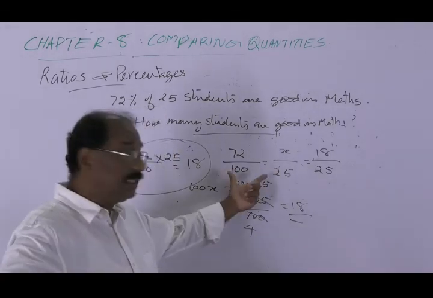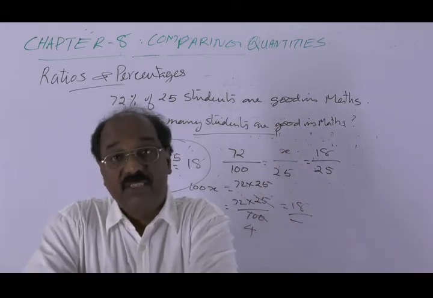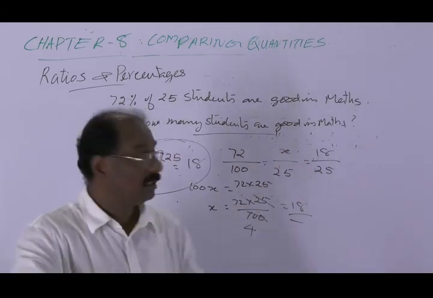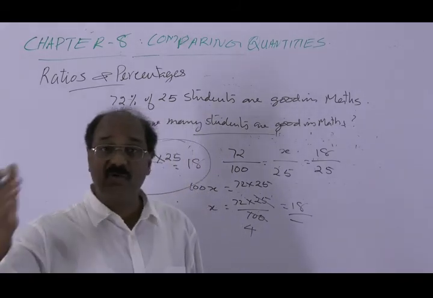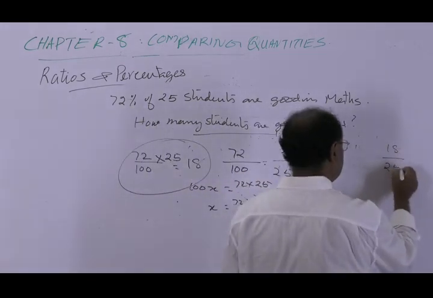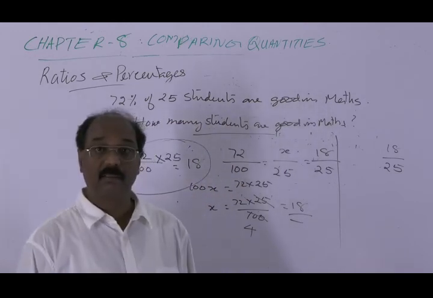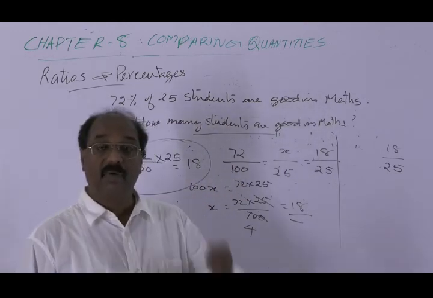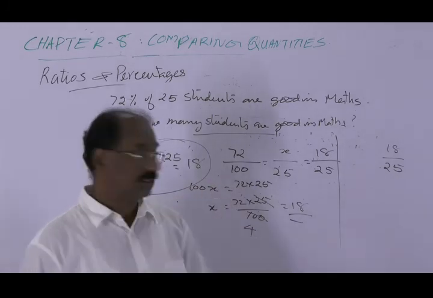We can think of this in the reverse order. That is, 18 students out of 25 are good in maths.